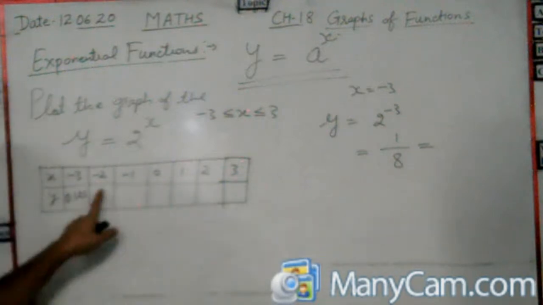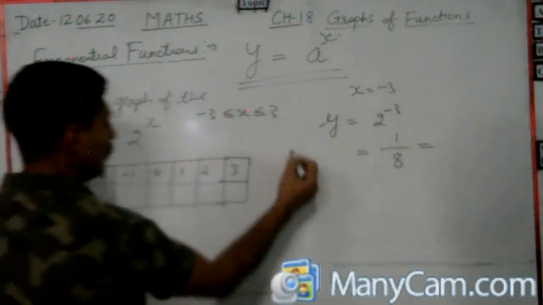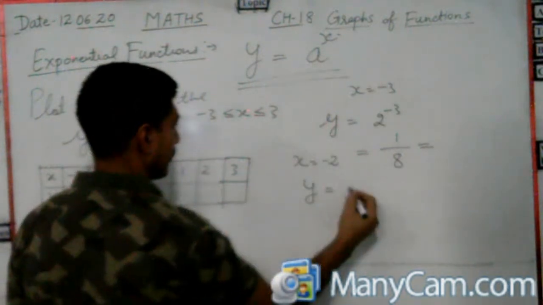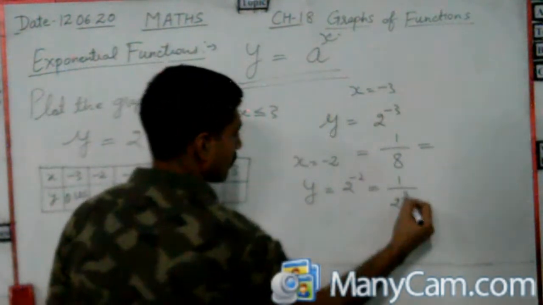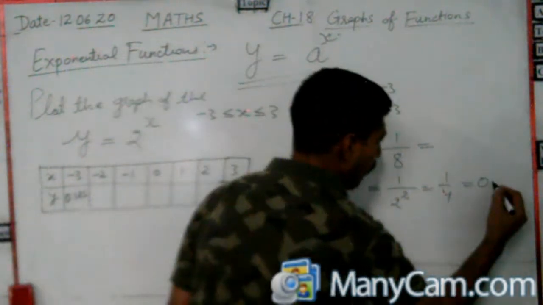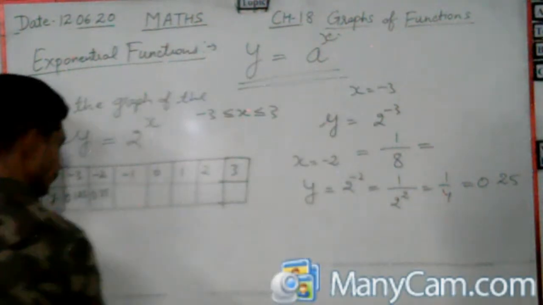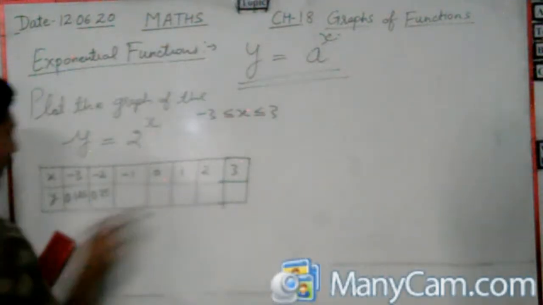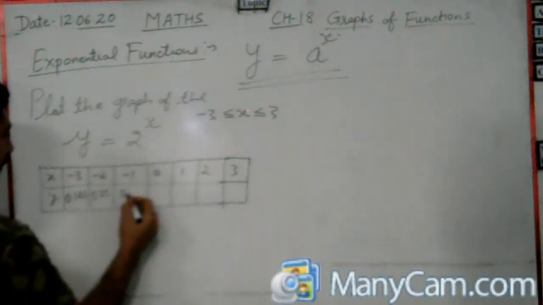Next we have minus 2 here. Putting the value x is equal to minus 2, that is 0.25. Next we have the value minus 1, so here that is 0.5.